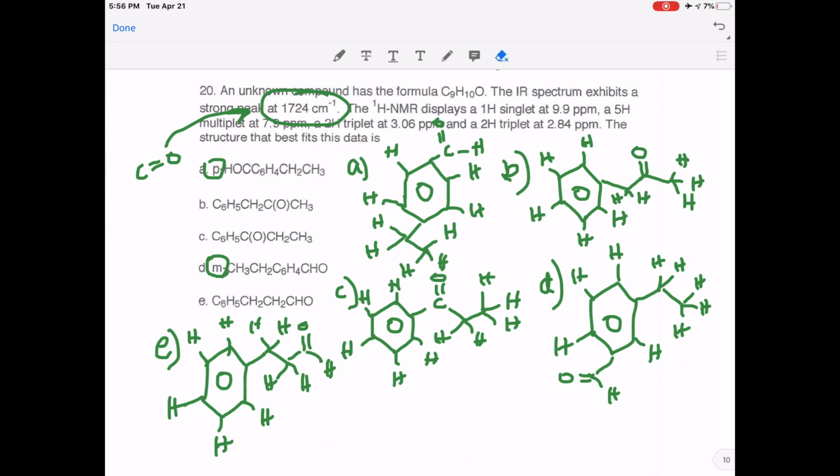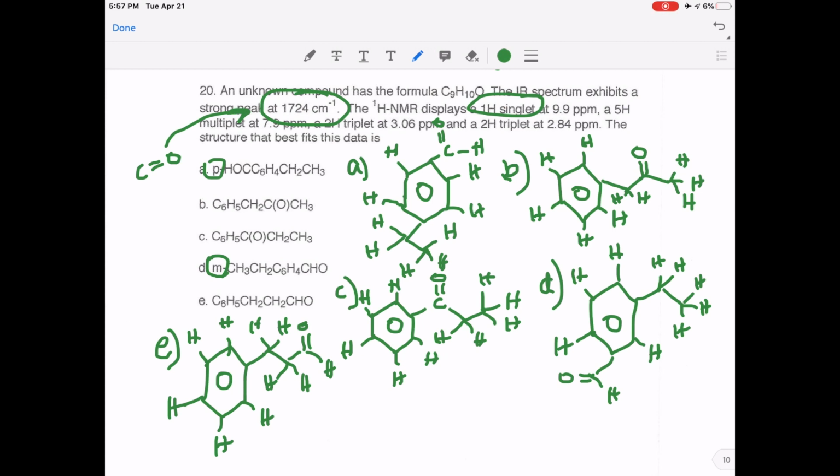And also, our NMR data actually also tells us an additional thing. It's a 1 proton singlet. So that means that if there's just 1 proton, then it can't be a ketone actually, because that carbon, which is attached via double bond to an oxygen, has to be attached to a proton as well.